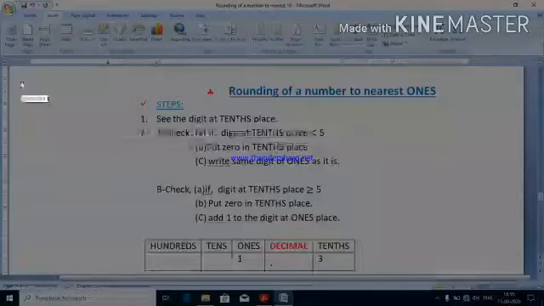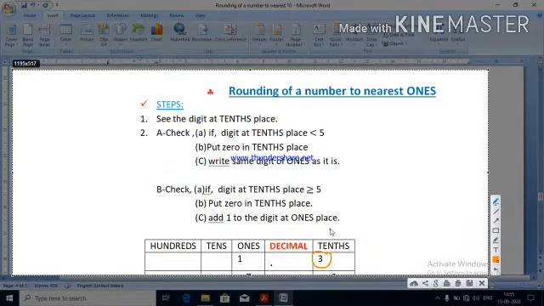Here 3 is less than 5, so you have to put 0 here. The decimal is already there, and here is 1, so you have to write 1 as it is. So your answer is 1.0.